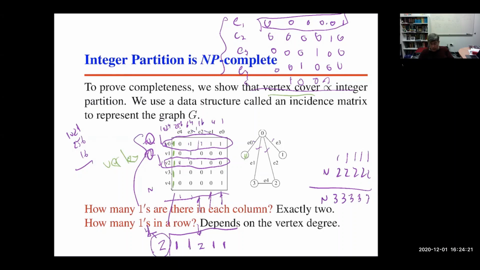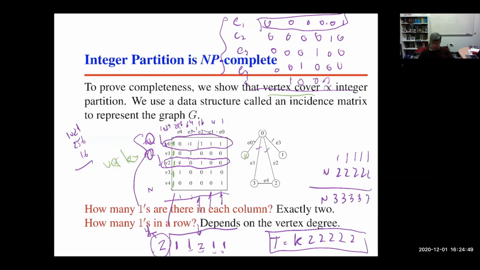And for all the edge positions, I'm going to have at least 1. If it is a vertex cover, it's going to cover the edges. So what am I going to say my target is? My target T is going to be equal to k, 2, 2, 2, 2, 2.